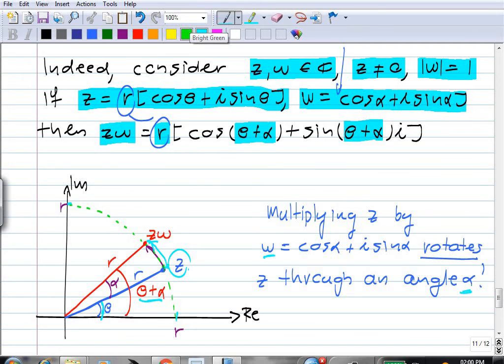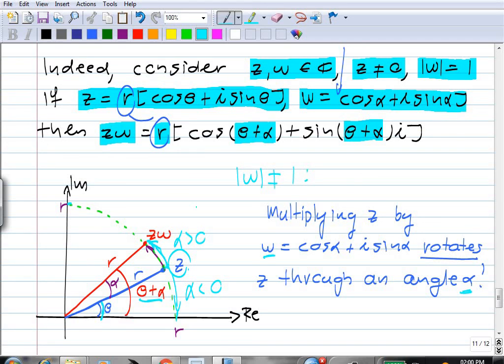So multiplying by a complex number with modulus 1 geometrically means we're rotating z through an angle alpha. If alpha is positive, we're going counterclockwise. If alpha is negative, we'll go clockwise. Now what happens if the modulus of w is not 1?